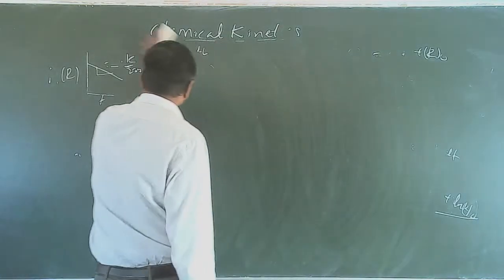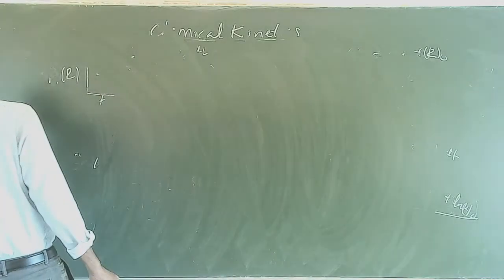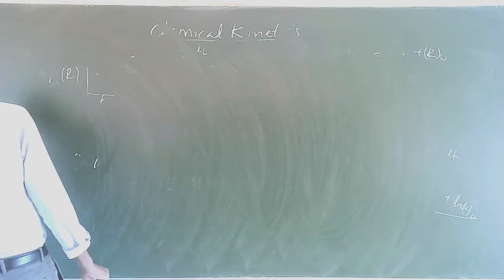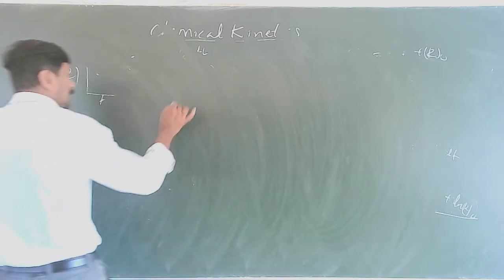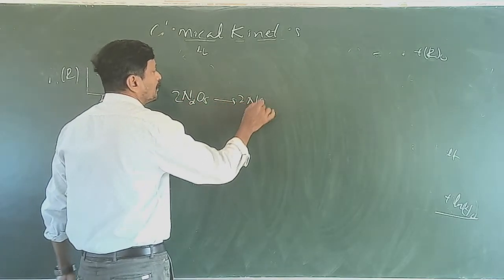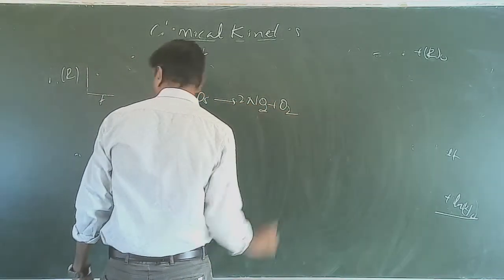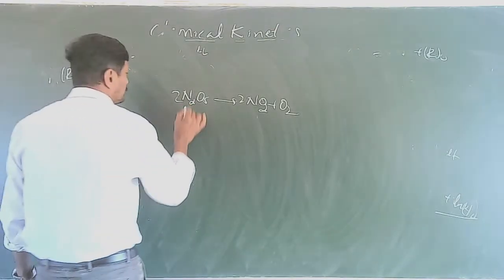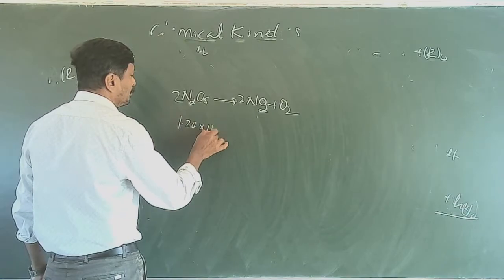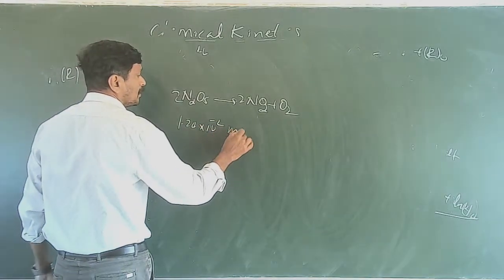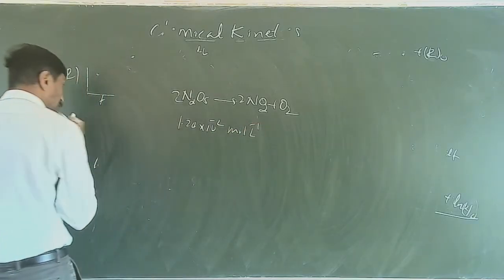What is it for first order reaction? For this reaction, N2O5 giving rise to 2NO2 plus O2, the initial concentration is 1.24 into 10 to the power of minus 2 moles per liter, and this is R naught.